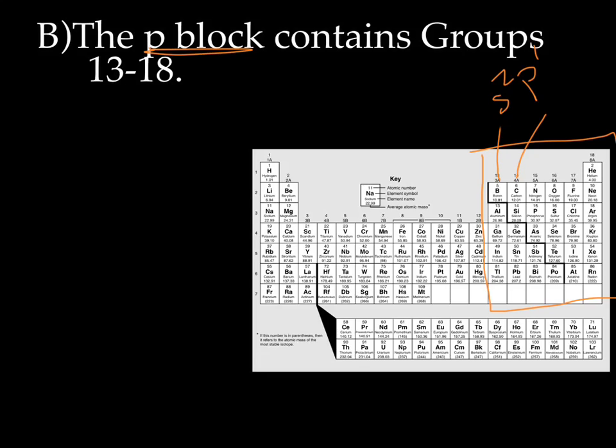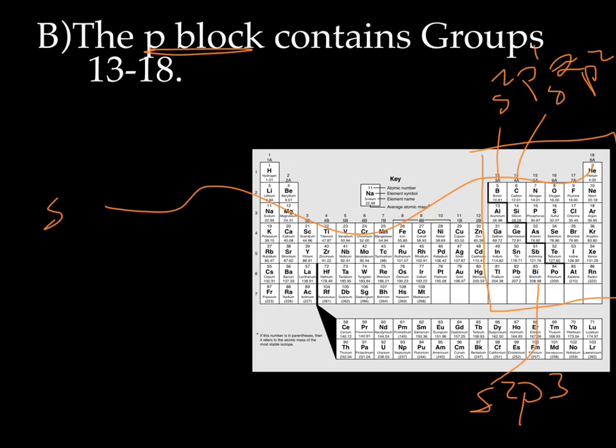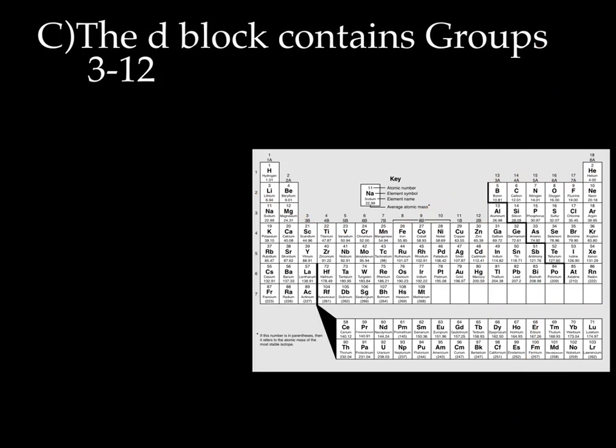Everybody in 4A ends in s2, p2. Everybody in 5A ends in s2, p3, and so forth, all the way up to the noble gases, which end in s2, p6, all of them except helium. All right, so that's the P block.